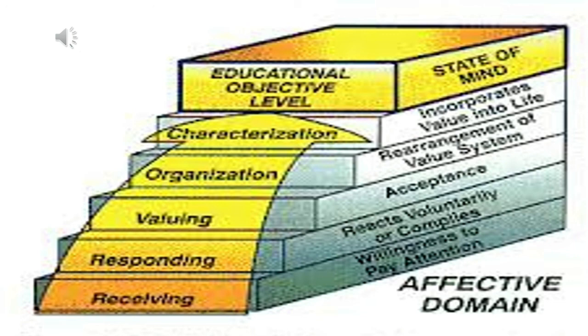And lastly, in characterization, the student incorporates the value into life. He or she applies what he or she learned from the idea, information, or phenomenon. So these are the five levels of educational objectives by David Krathwohl.